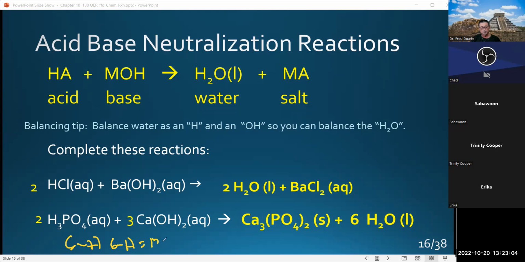So that's a total of 12 hydrogens, right? Which, guess what? We got 12 hydrogens in the form of water, so they're good. We got 3 calciums, so the calciums check out. We have 2 phosphates here. There's a 2 here. There's 2 phosphates. They check out. We got a balanced chemical equation.